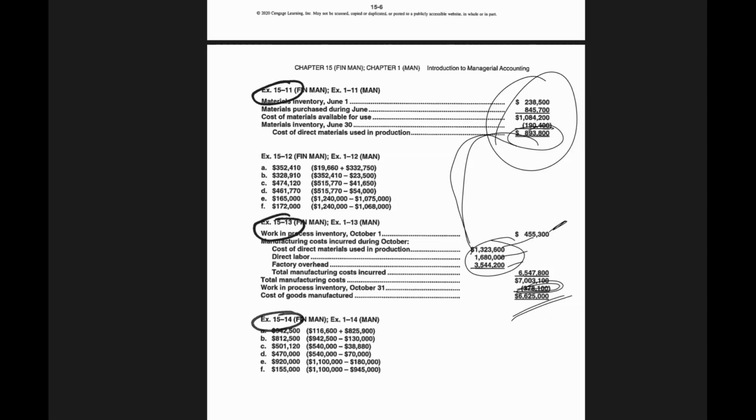Which then leads us to number 14, when they ask you to produce a cost of goods sold. What did you actually sell? If you look in your text, you start off with your beginning finished goods. You add to that your cost of goods manufactured, which is then what's available for sale. Take away what's still sitting in finished goods, and then you will end up with your cost of goods sold.